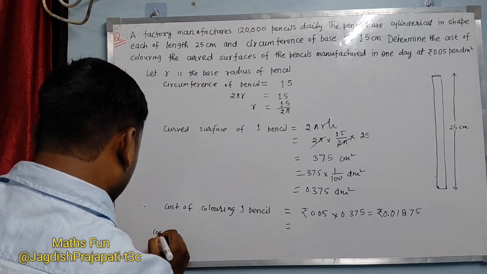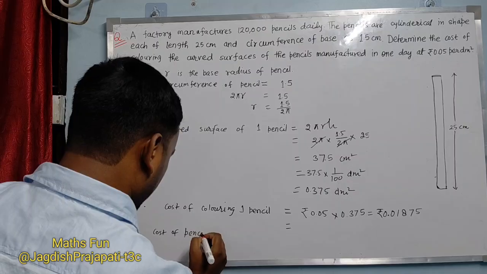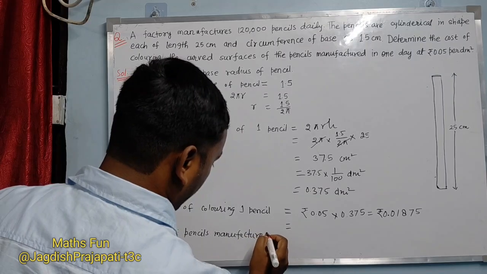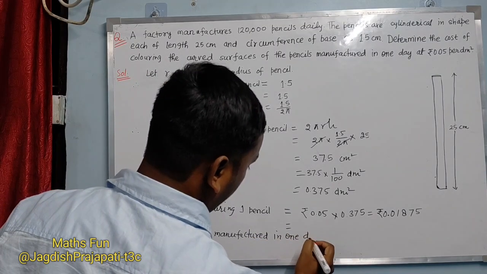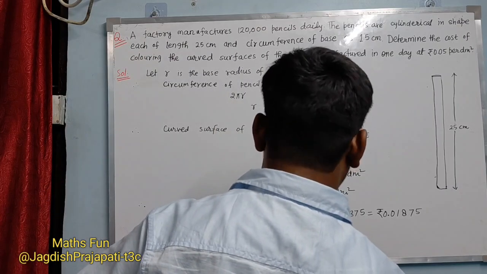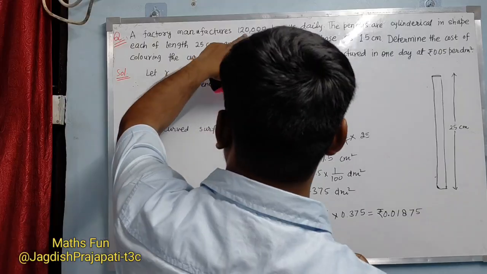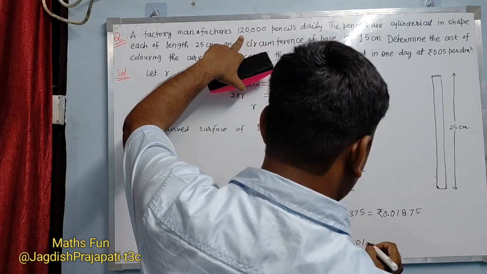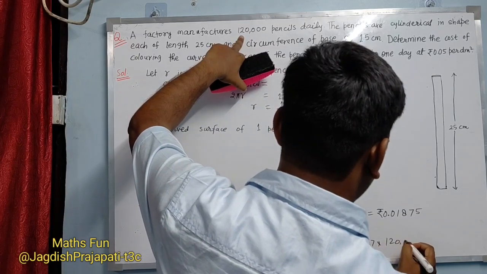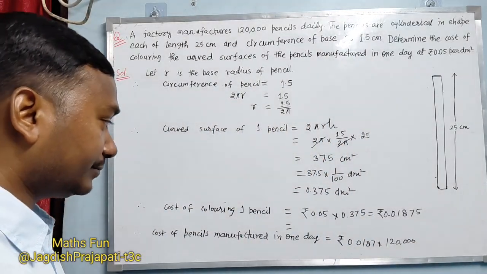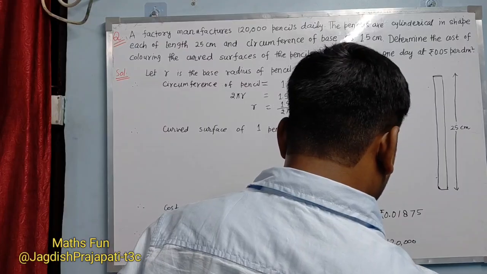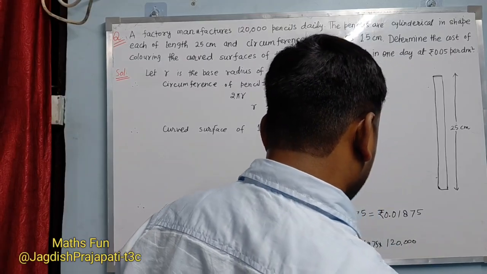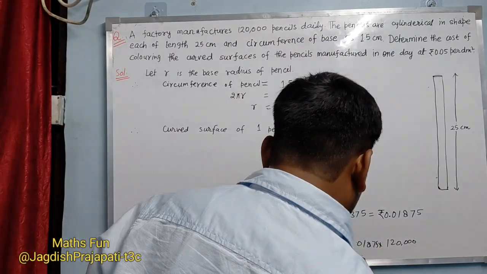Therefore, the cost of pencils manufactured in one day will be multiplied by this quantity. So rupee 0.01875 into 24875.